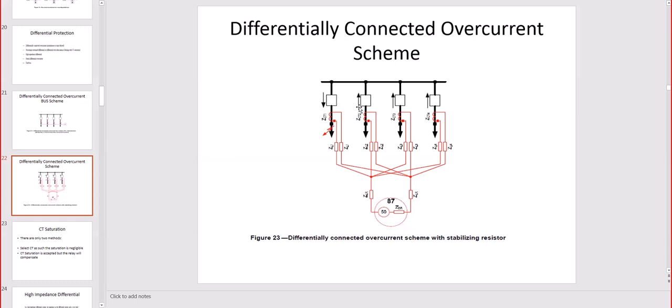Now I want to mention something else. All these protections, we say current changes direction and this and that, but basically it's not only the current, it's the shape of the current that changes. Yes, it's changing direction by 180 degrees on the other feeders, but that current will be dominant in zero sequence and reverse sequence.